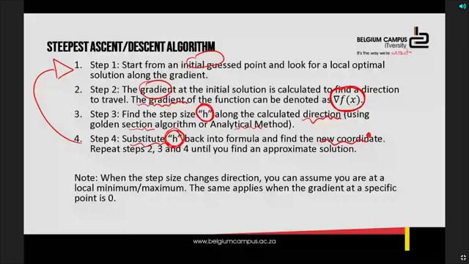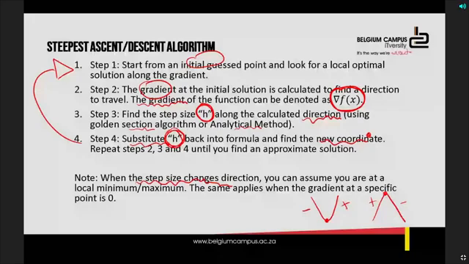Like I explained, if you went down and you all of a sudden go up, you can assume you already reached the minimum. If you went up and you all of a sudden go down, you can assume you already met a maximum. You can't for certain say it was the global min or the global max, so technically you'll continue searching, but for our scope, we will stop and say we found a local one.